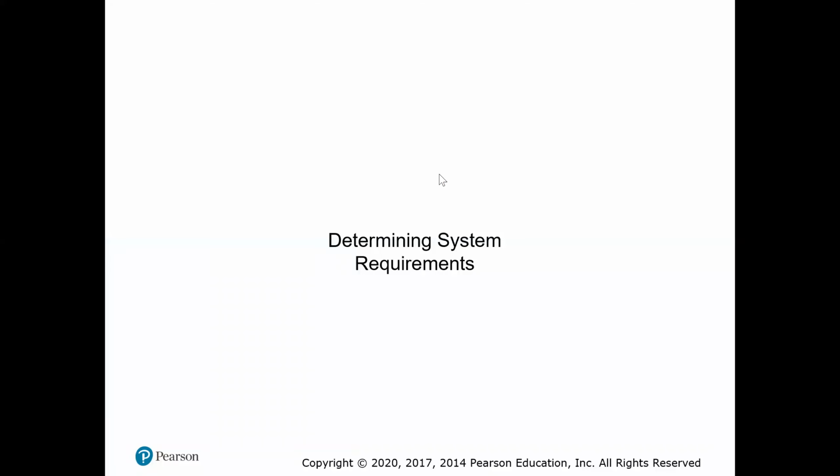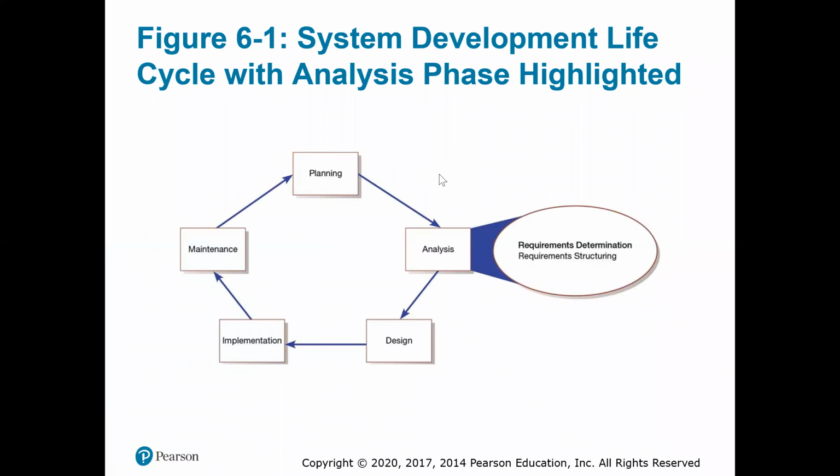Now, shifting gears for just a second on system requirements, right? So how do you collect system requirements? Well, there's a couple of things on the full life cycle methodology that should be brought out, right? You have to determine the requirements, and then you have to structure the requirements, right? What do I mean by that?